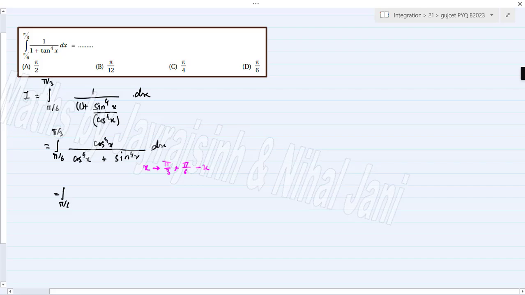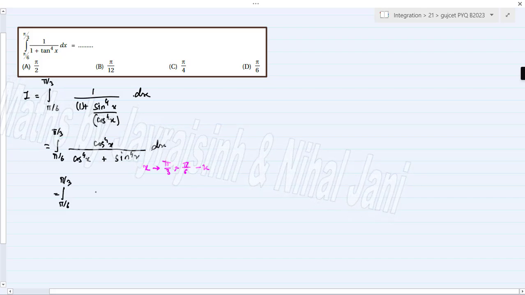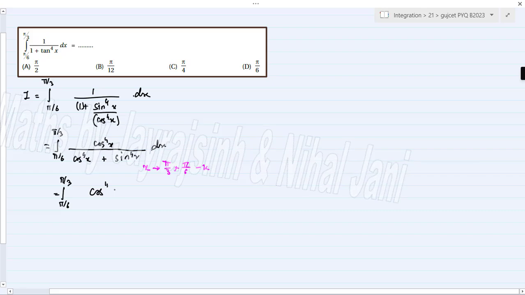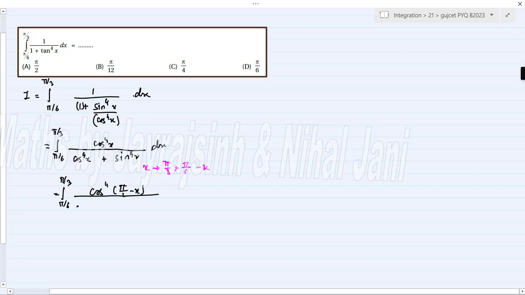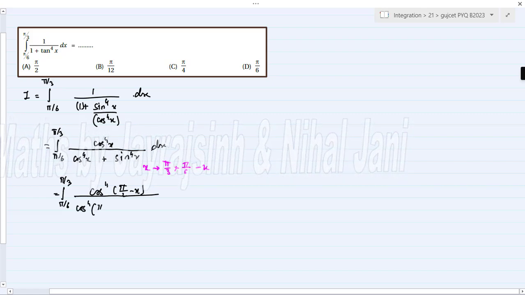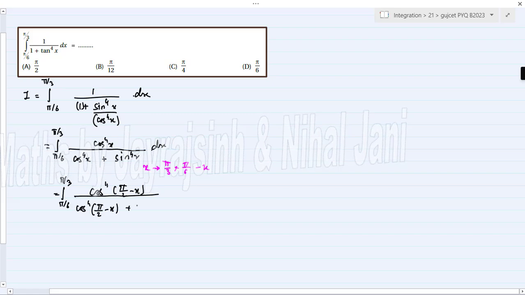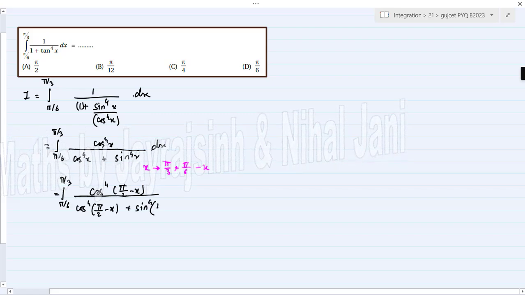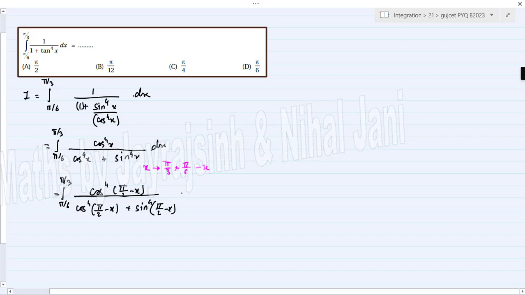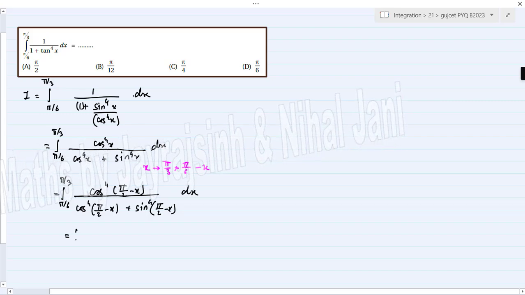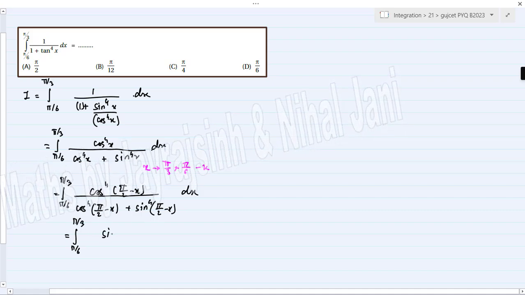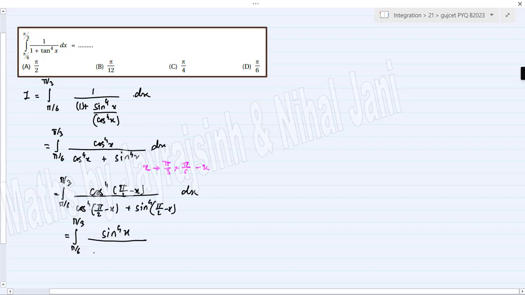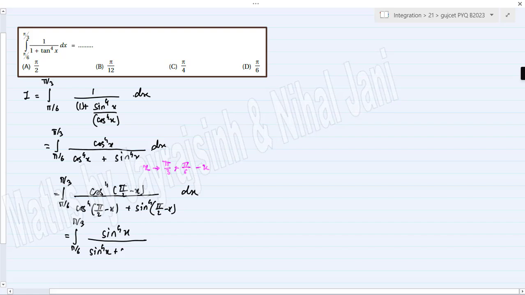So pi by 6 plus pi by 3 is simply pi by 2. So here we'll get cos x raised to 4, pi by 2 minus x, upon cos raised to 4, pi by 2 minus x, plus the same thing we will get in sine. Now cos of pi by 2 minus x is simply sin x, so sin raised to 4x, and sin of pi by 2 minus x is cos x.